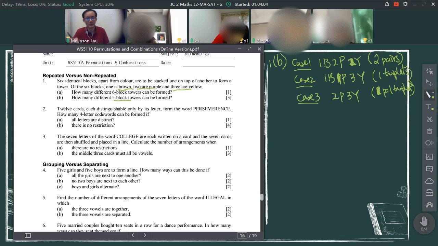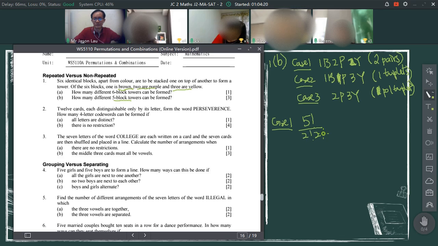So it's about how many of these repeated cases. For case 1, for example, how to calculate case 1? 5 factorial, 2 factorial, 2 factorial. Something like that. Then you go through. Yeah, I got that.